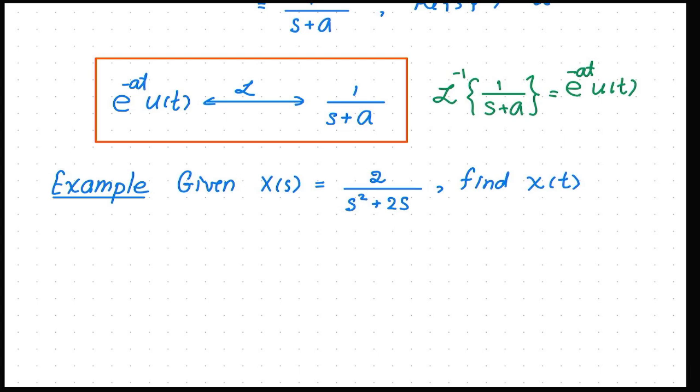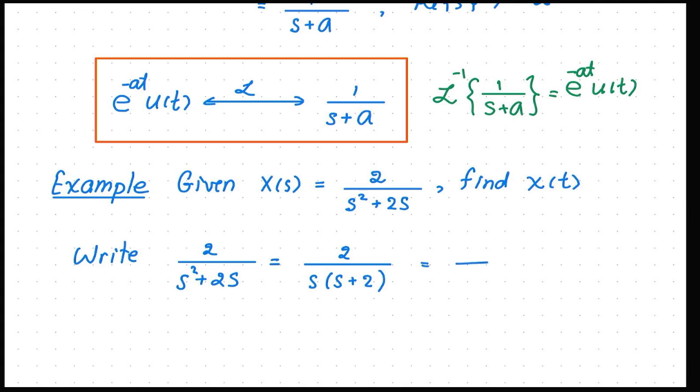Now, how do we do that? We know that we can write 2 over s squared plus 2s as 2 over s plus 2. Now, can you do this? Can you find this?